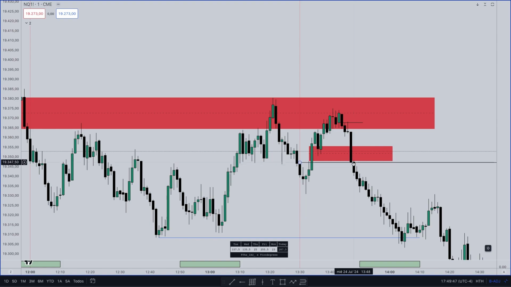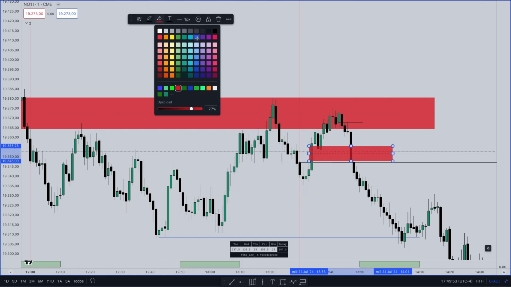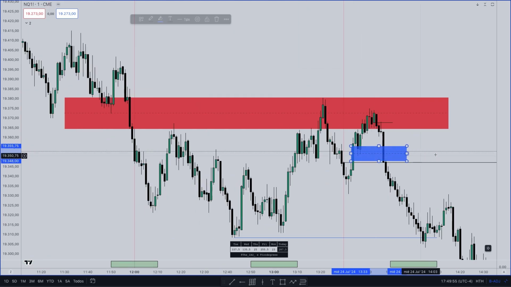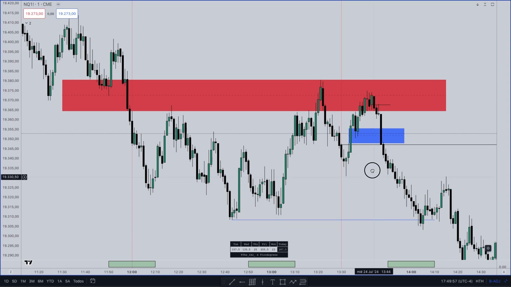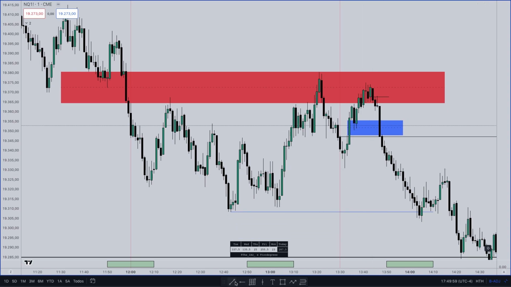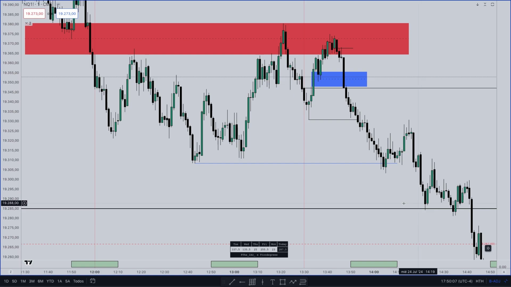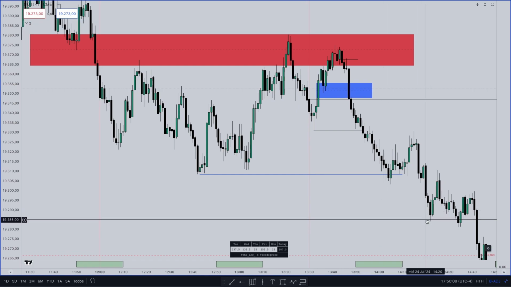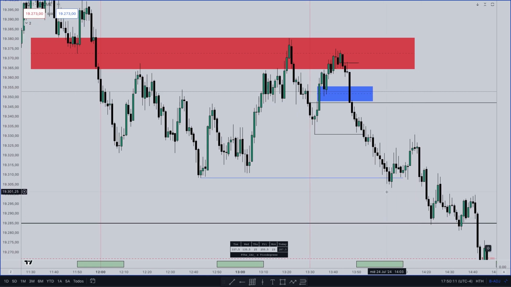When we touch this, another entry right here, and I start to take partials below all lows. Partials here, here and here. The full take profit here.